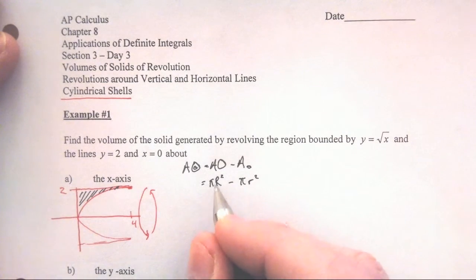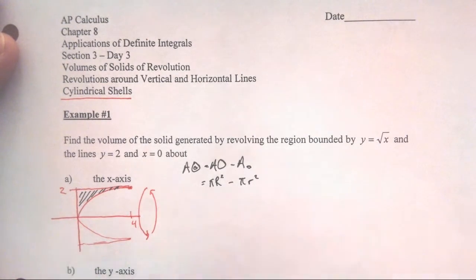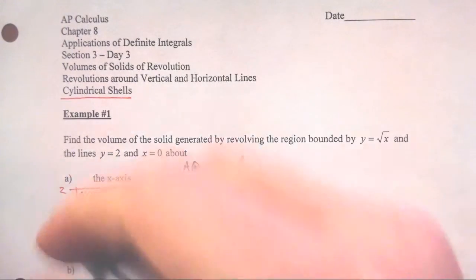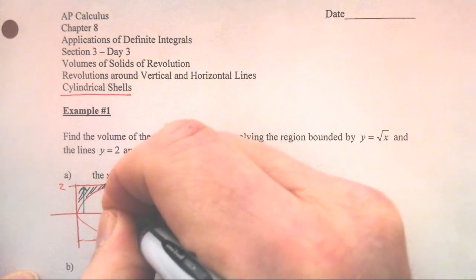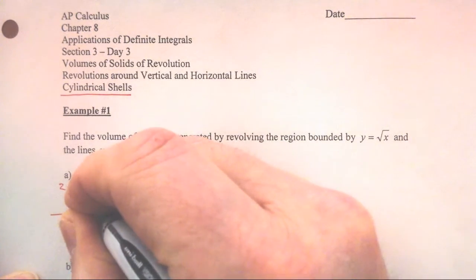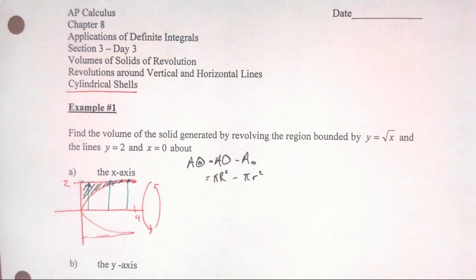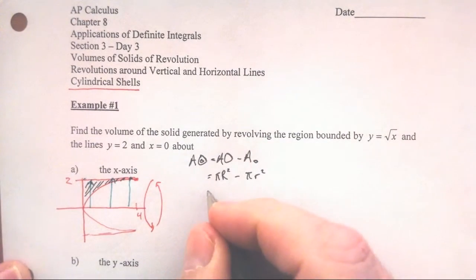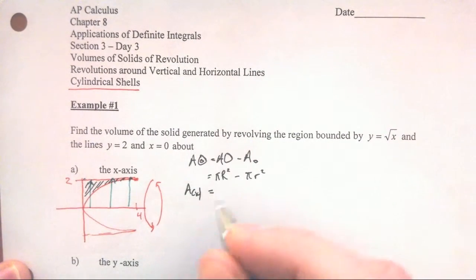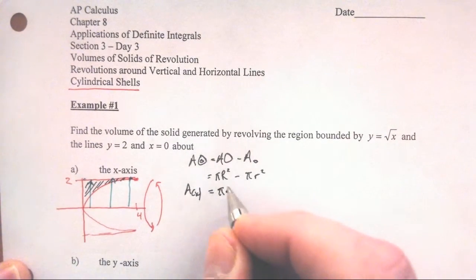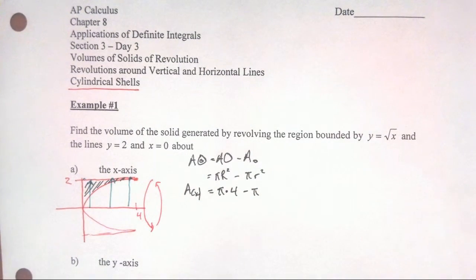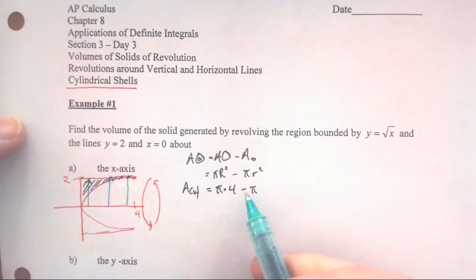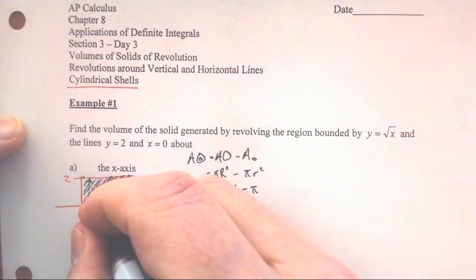Okay, so now, what is my big radius? My big radius is this rotation right here, but that's constant all the time. It's the rotation of this line y equals 2, so that big radius is 2. So I get area in terms of x is pi times 2 squared, 4, minus pi times, let's see, how about the radius of my little circle of rotation?